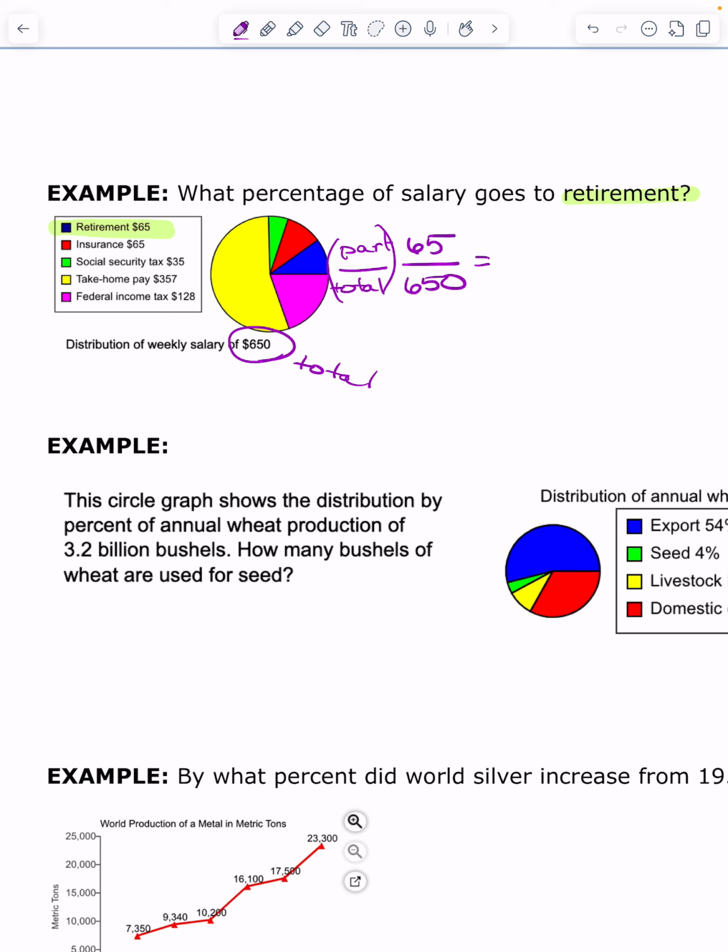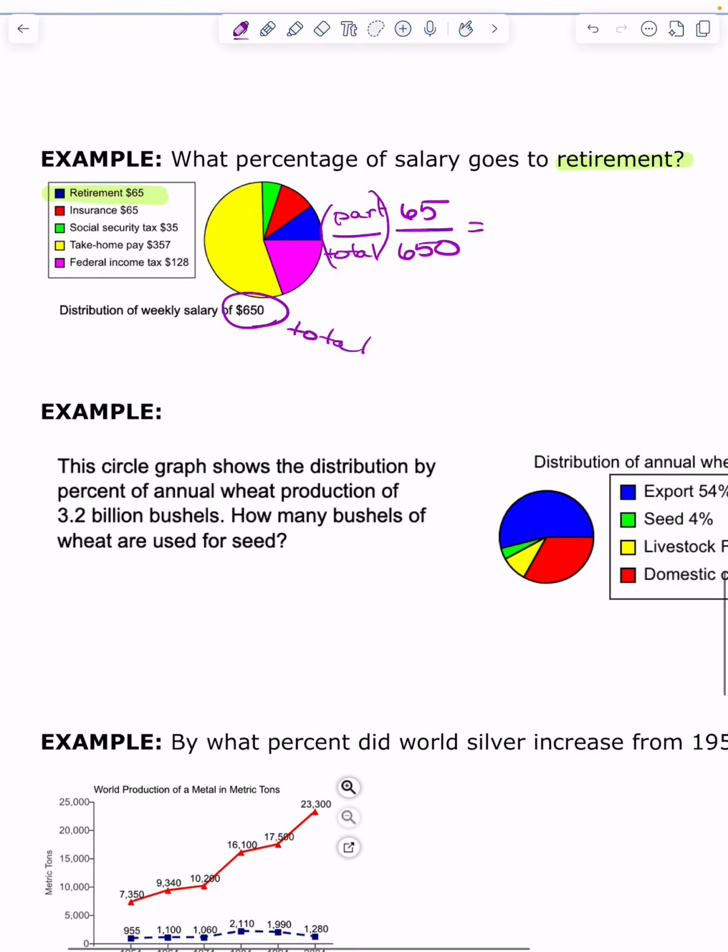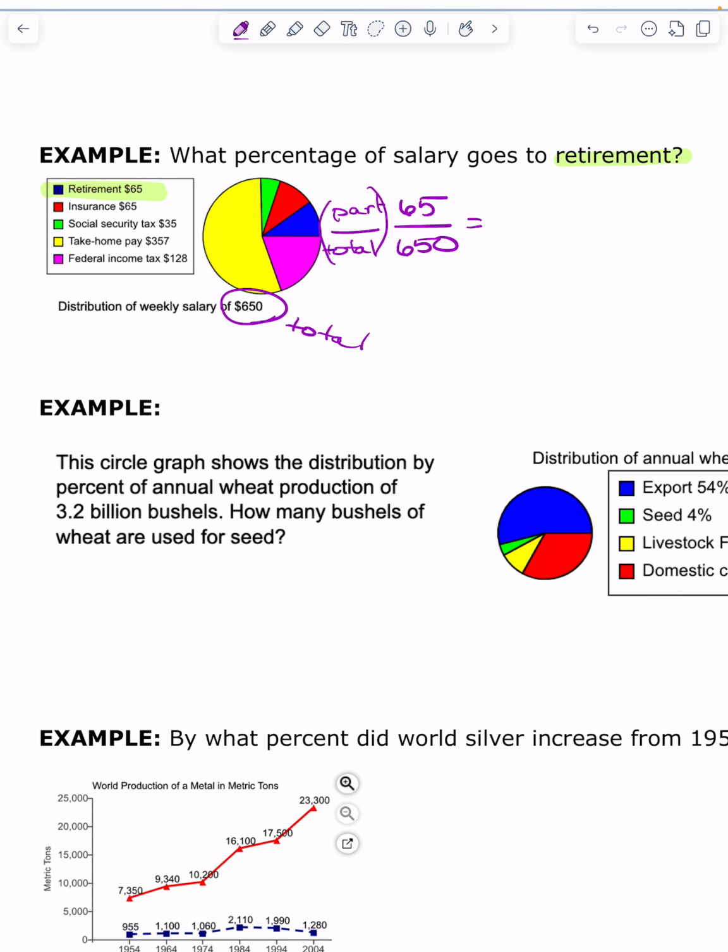Now, if we divide, and remember we're plugging that into the calculator as 65 divided by 650, top divided by bottom, we get 0.10. Hundredths, so I want two places to the hundredths, and so this means 10% of our salary goes to retirement.